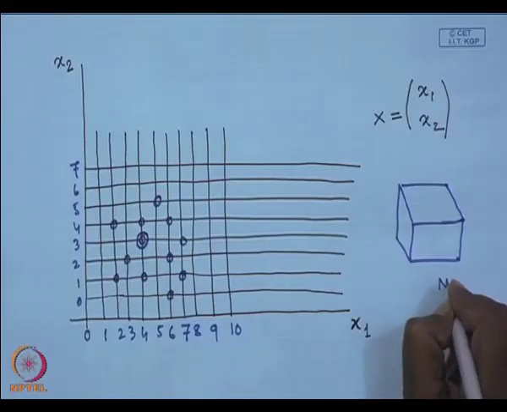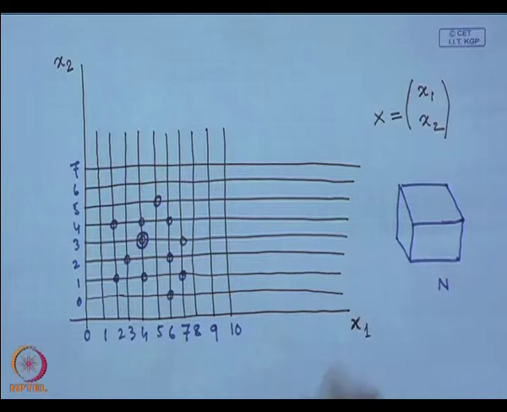And as we have done in case of one dimension, I have to find out the volume of every such box, volume under every such box. And that volume will be 1 upon the total number of samples which are given for probability density estimate. So, if I have total number of samples equal to capital N, then volume of individual box will obviously be 1 by capital N.